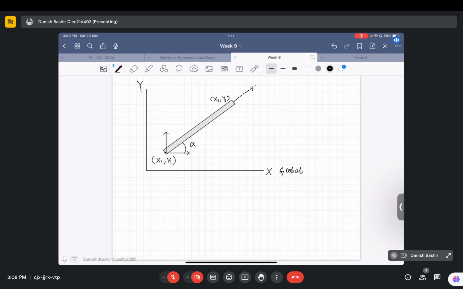This is small x local, small x will be like this, and small y will be like this, y local. And one more thing, we are assuming it to be loaded with a uniformly distributed load.